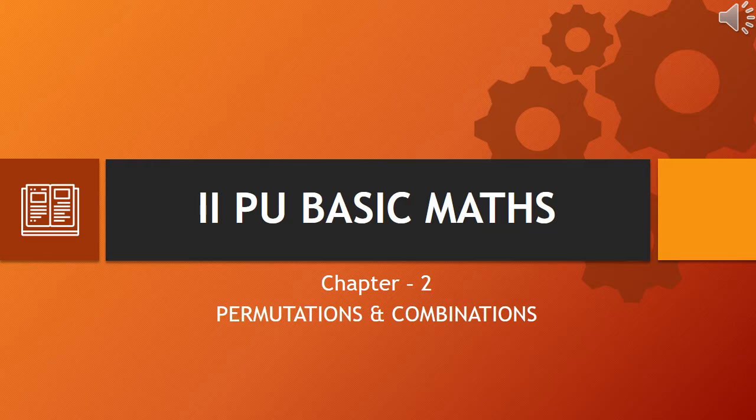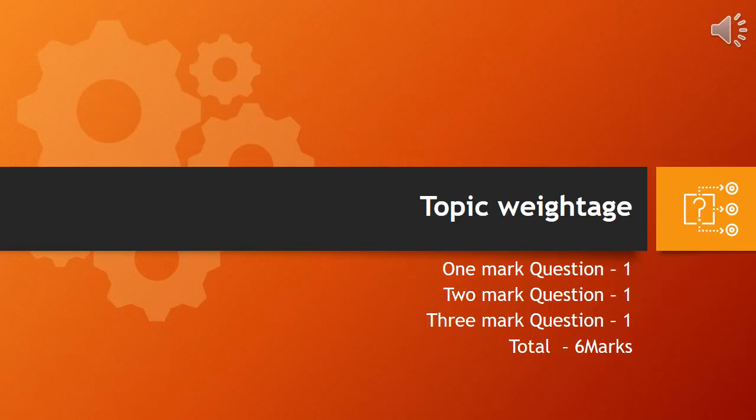Let's see the weightage of this topic in our regular PUC. From this chapter you will get one 1-mark question, one 2-mark question and one 3-mark question in your second PUC annual examinations.